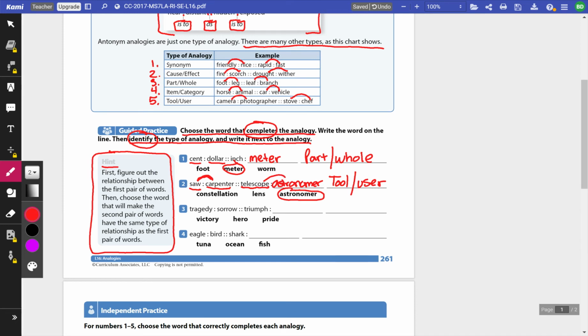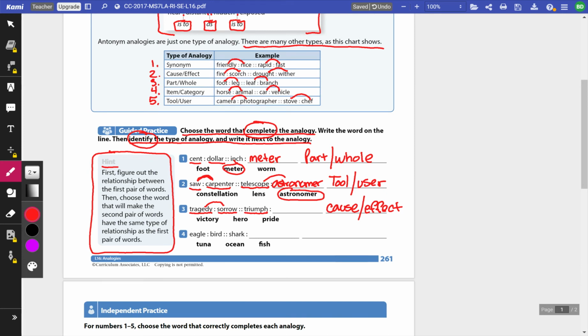So number 3, tragedy is to sorrow, as triumph is to blank. So let's look at tragedy and sorrow first. If a tragedy happens, you might feel very sorrowful. So that lets me know that this is probably going to be cause and effect, because if a tragedy happens, our cause, you might be sorrowful, which would be the effect.